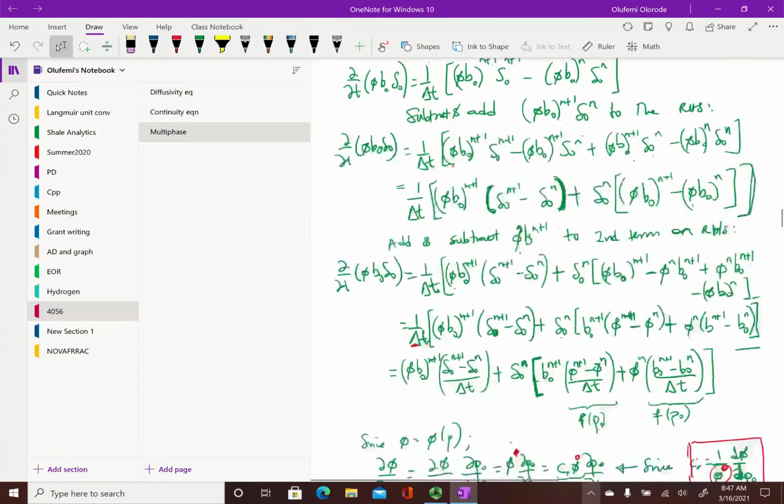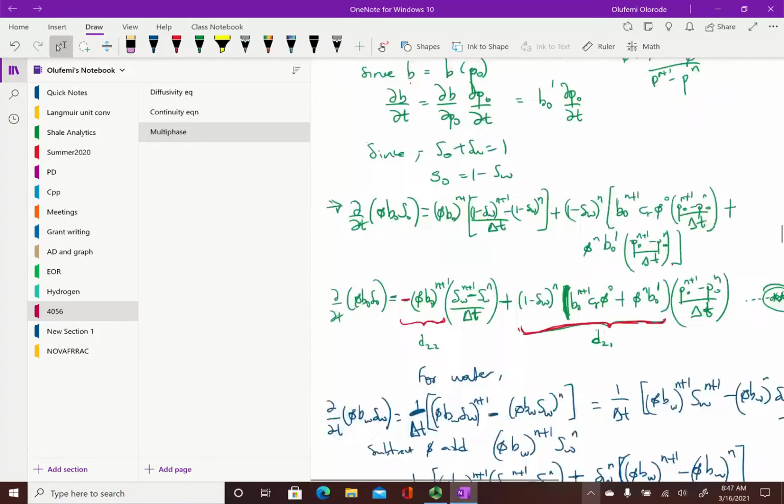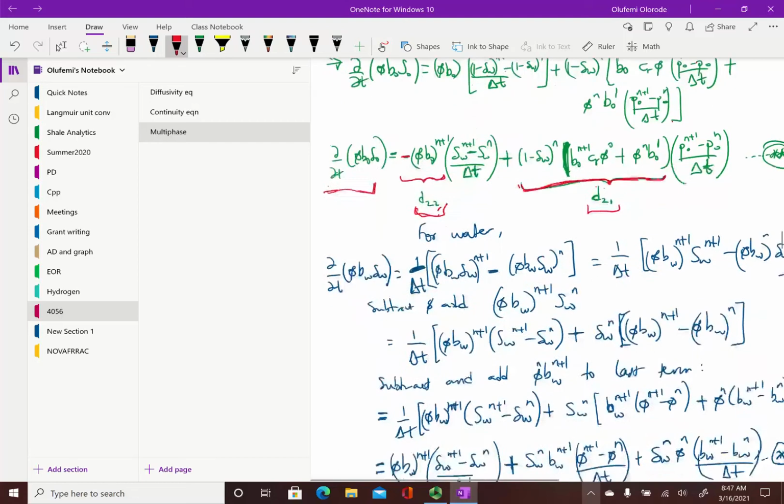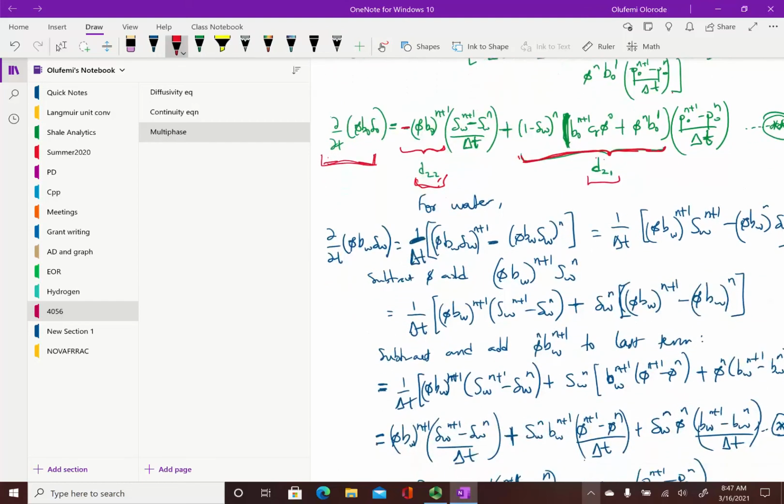And that's what is going on here, which ends up on the right-hand side with this kind of term. And you will begin to see this D11, D12, D21, D22. And it's all to get us to the matrix form, which facilitates communication regarding the solution schemes.